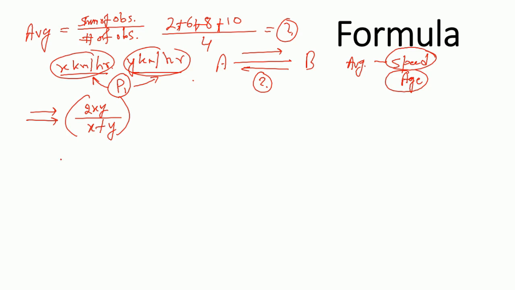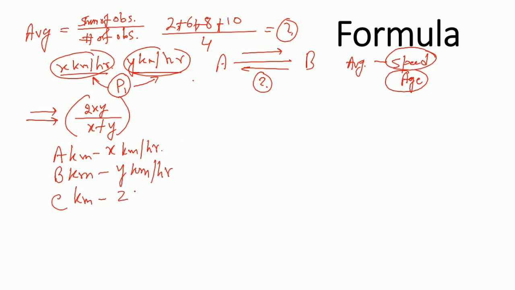Another formula is that if a person covers a kilometers at a speed of x kilometer per hour, b kilometers distance traveled at y kilometer per hour, and c kilometers distance is traveled at z kilometer per hour. Three separate distances traveled at separate velocities. Now the average speed you need to calculate. So how to calculate the average speed in this case?